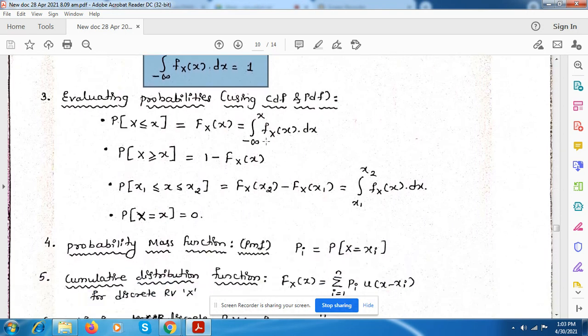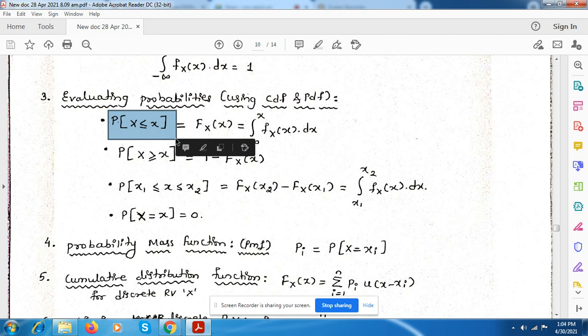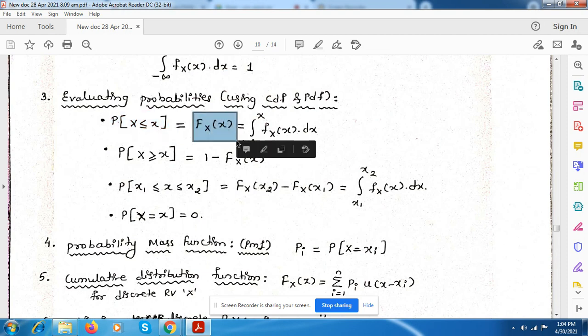So next we will see evaluating the probability values using the PDF and CDF equations. If we want to calculate the probability of X less than or equal to x, this is the definition for CDF, that is F x of x.